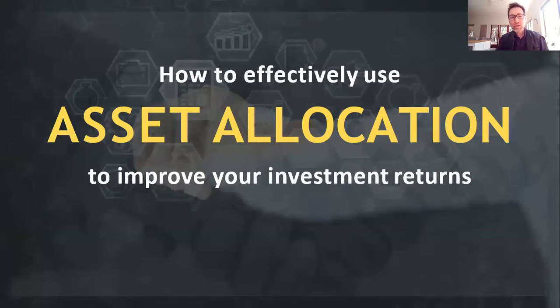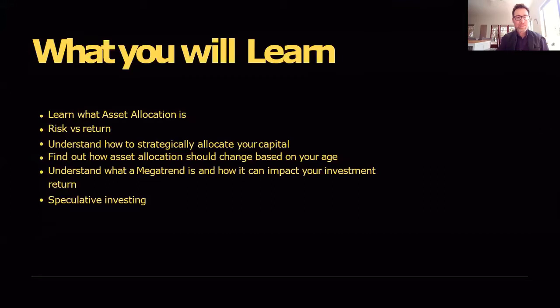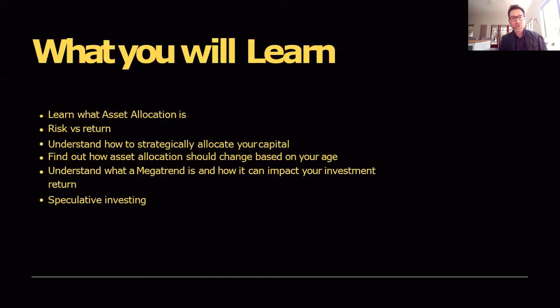So, in today's webinar, we're going to be going through some different aspects around asset allocation, and what you will learn is what an asset is, what asset allocation is, risk versus return, and understanding how to strategically allocate your capital, and finding out also how asset allocation should change based on your age.